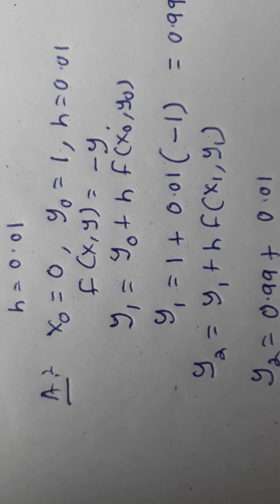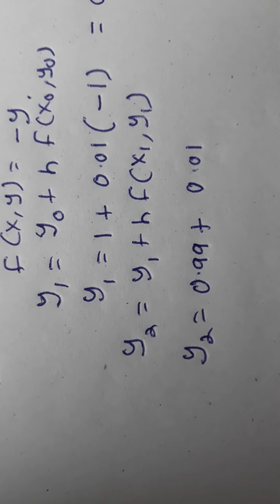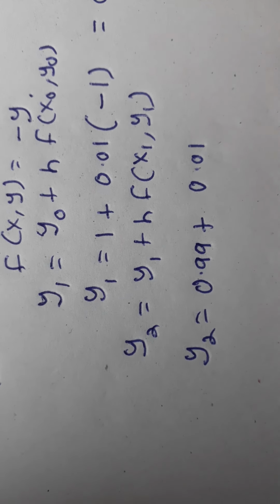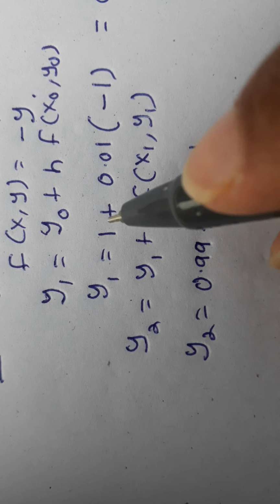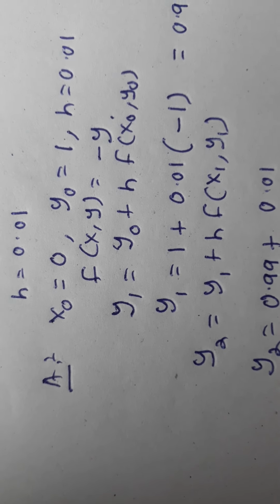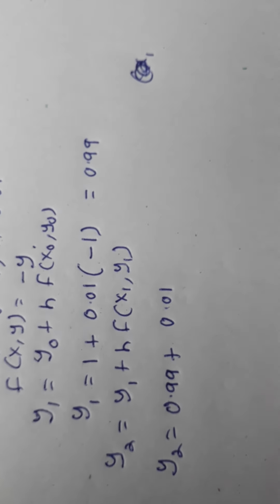So if x0 equals 0 and h equals 0.01, x1 will be x0 plus h, that means 0 plus 0.01. So x1 will be 0.01 and y1 will be 0.99.